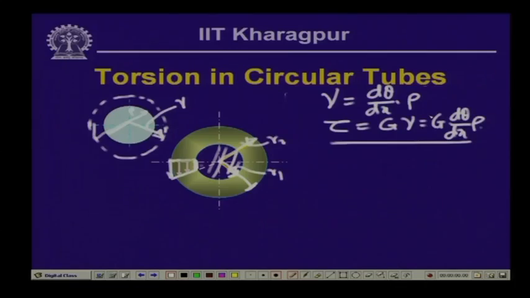Last time, if you remember, when we were discussing the derivation of the formulae for torsion, when torsion is applied we had equations of compatibility in terms of the rotation, and subsequently we had the equations of equilibrium. Now, equilibrium equations are derived mostly from the stress resultant that is generated because of the twisting moment.